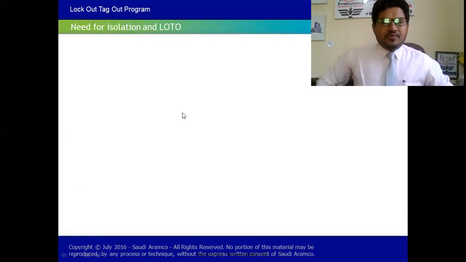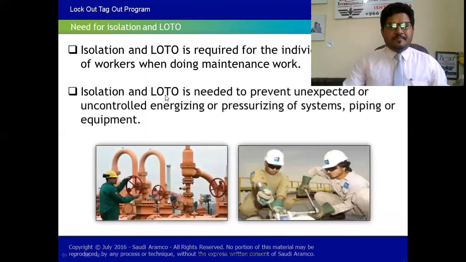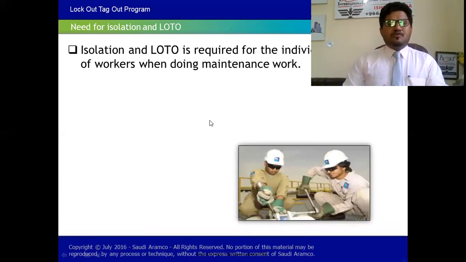First of all, before we understand the application, no harm to understand why we need isolation and lockout tagout. Isolation and LOTO is required for individual protection of workers when doing maintenance work. So whenever there is a maintenance project or work, of course, we need individual protection for our workers. That is why we need isolation and lockout tagout.